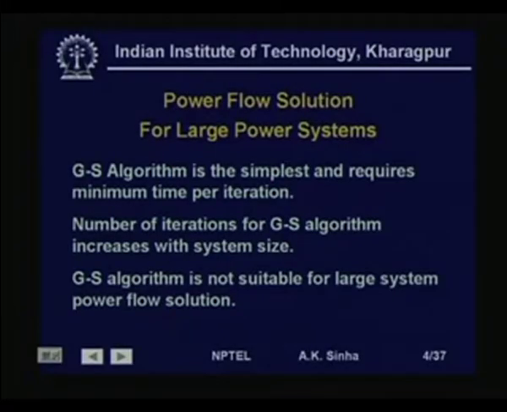However, one problem encountered with the Gauss-Seidel method is that the number of iterations increases with the system size. That is, if you are working with a smaller system, the number of iterations required for convergence is going to be small, but if you are working with a large system, then the number of iterations for the same accuracy of convergence is going to be very large.